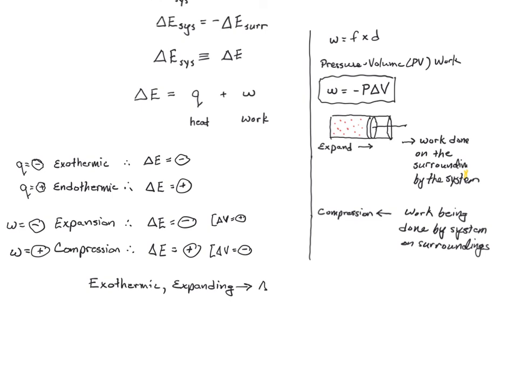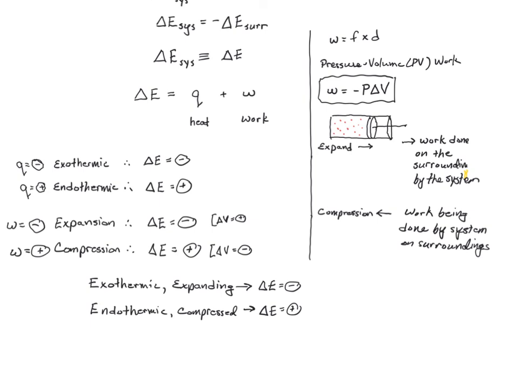We are seeing a decrease in energy, so delta E is a negative value. However, if the reaction was endothermic and it's being compressed, both of those terms now being positive values are going to give us a change in energy that is positive.